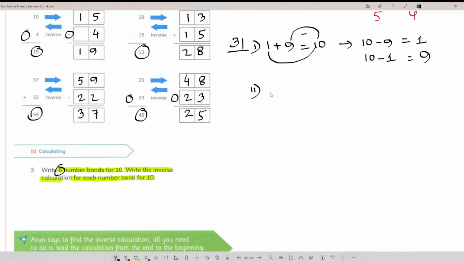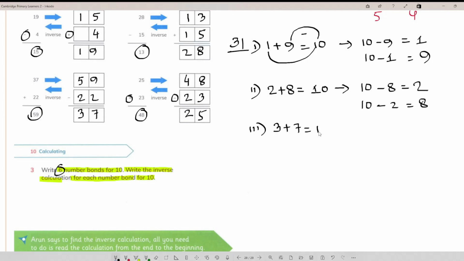Number 2. 2 plus 8 equals 10. For inverse, we can write 10 minus 8 equals 2. Similarly, 10 minus 2 equals 8, right? Number 3, we have to make similar bonds. 3 plus 7 equals 10.